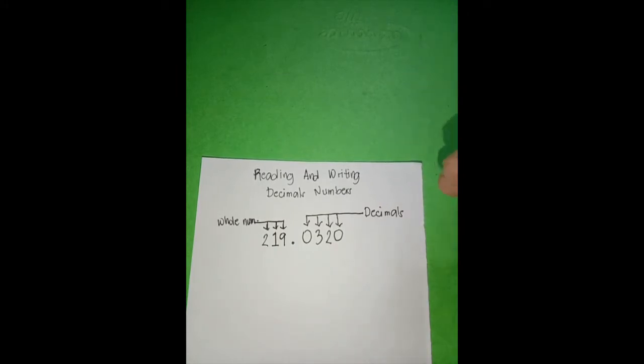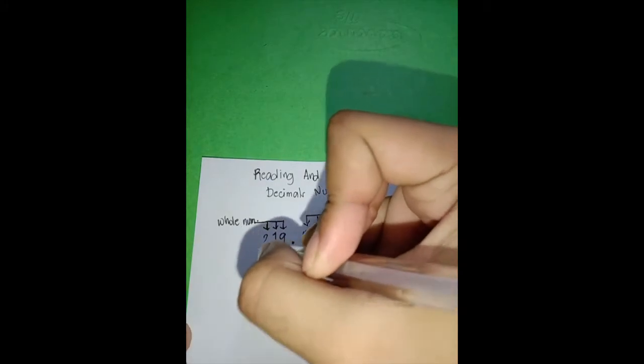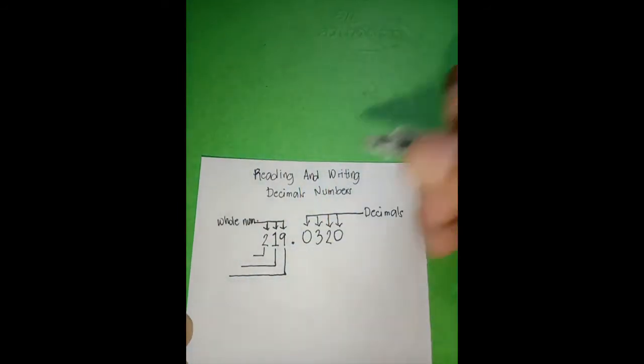Now, let us discuss the place value. If you still remember, for the whole number, the place value of these digits: the number 9 is the ones, so it is in the ones place.